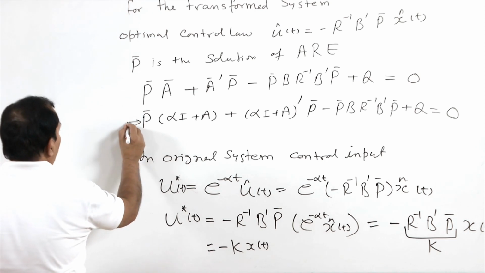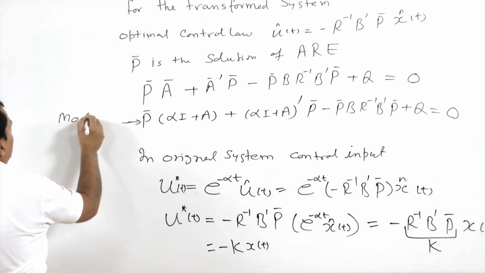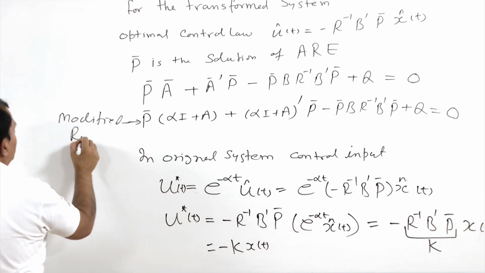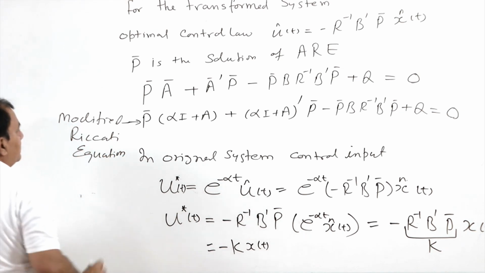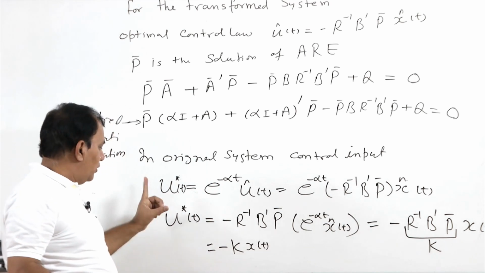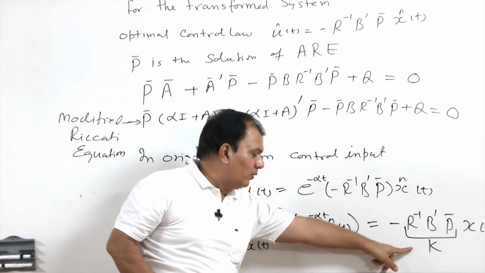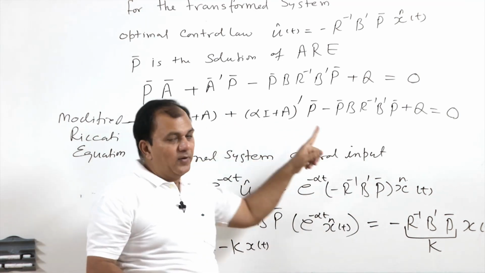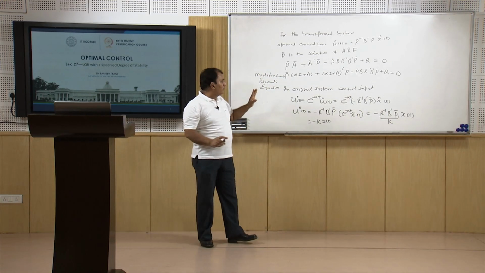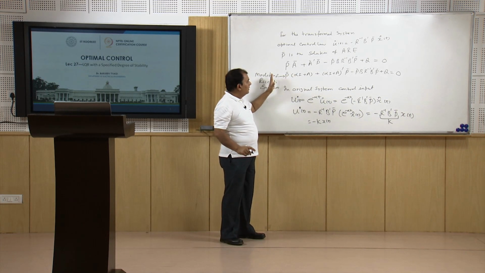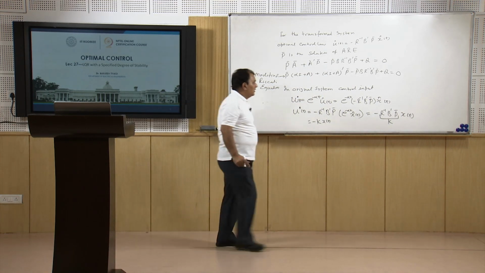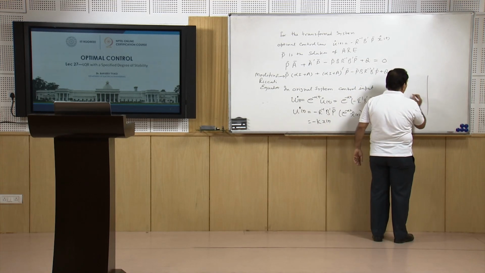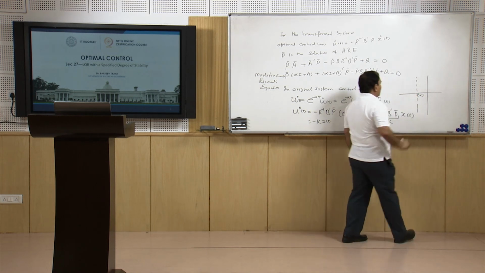So, in the original system I can directly find K by solving the modified Riccati equation, which will ensure that all my poles are away from the minus alpha line parallel to the j omega axis. So, this solution will ensure that all my poles are beyond this minus alpha line.